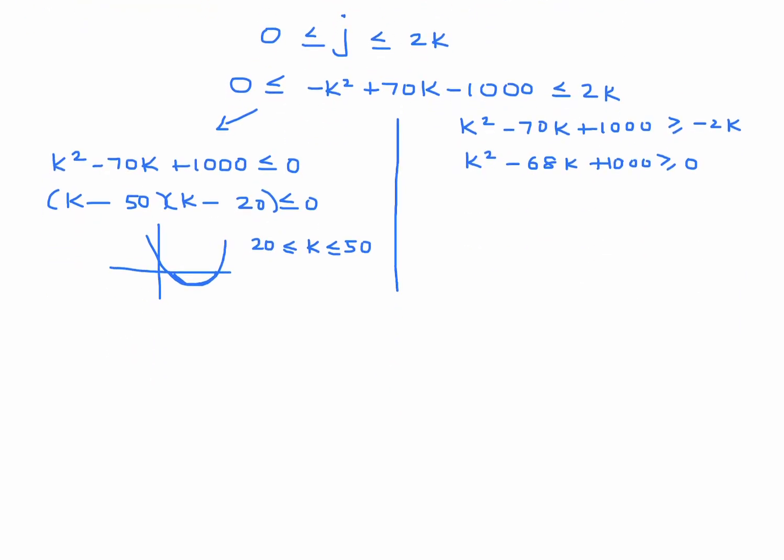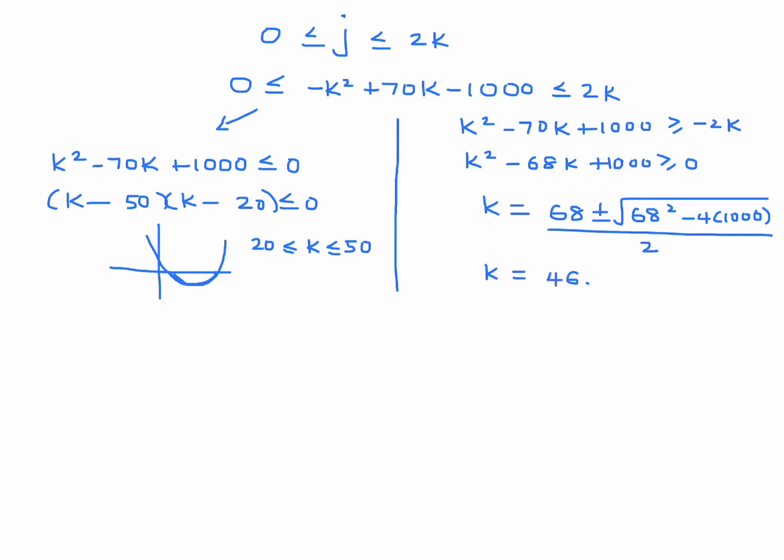Okay, unfortunately, this one involves a quadratic. It doesn't factor that nicely. So you do this quadratic, and you're not allowed to use a calculator, so we have to approximate now. Unfortunately, we've got to do a quadratic and approximate what the number will be. And when you do, you get 46.5 approximately and 21.5 approximately.